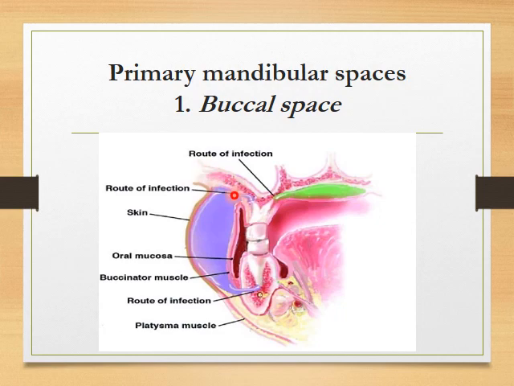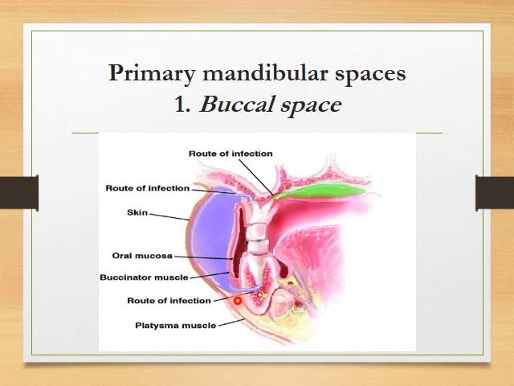Its superior aspect is lined by the zygomatic bone, the zygomatic arch, sorry, and inferiorly by the lower border of the mandible. Its contents are the parotid duct, anterior facial artery and vein, transverse facial artery and vein, and buccal fat pad.